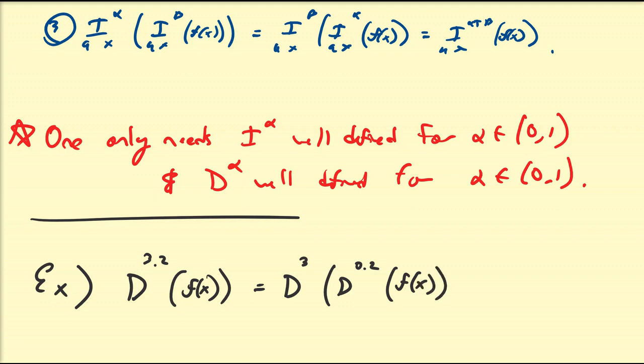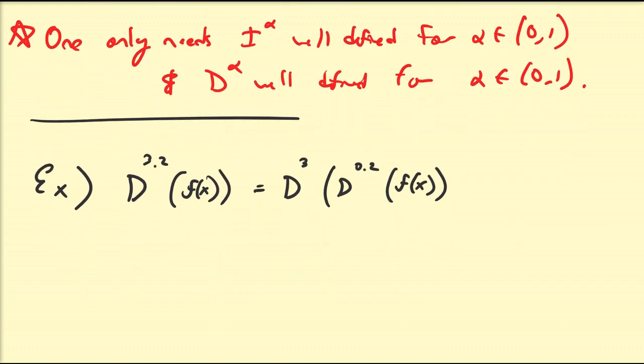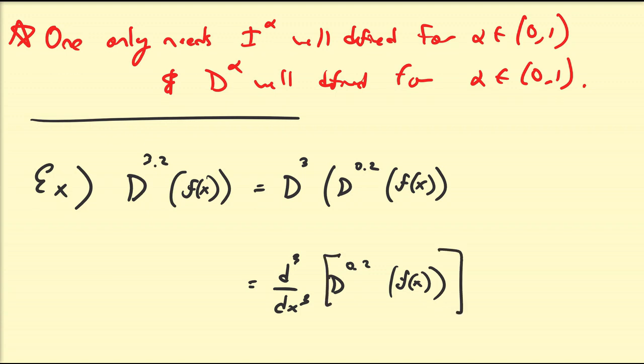Now, even though D can be defined as the Grunwald-Letnikov derivative, remember, this is just an extension of the classical derivative from standard calculus. So this is precisely equal to the third derivative with respect to x of the Grunwald-Letnikov derivative of order 0.2 of f(x). So as long as you can find any order between 0 and 1, that is perfectly fine.